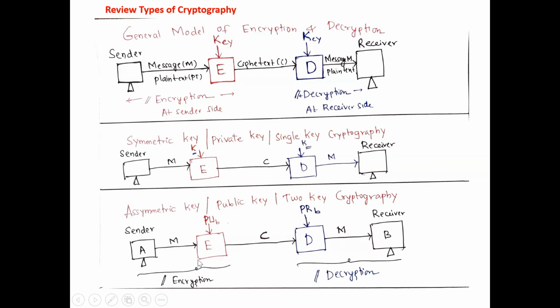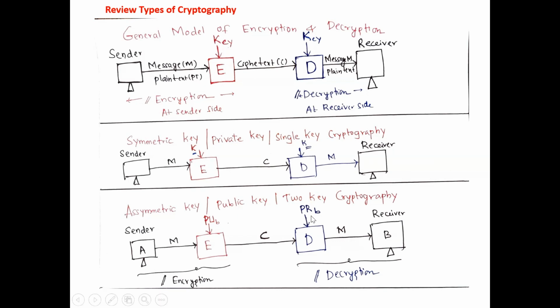This happens at the sender side, and now at the receiver side, the message is for receiver B. He has to decrypt and read the message. In order to do so, we use the receiver's private key, because the receiver's private key is known only to that particular receiver.